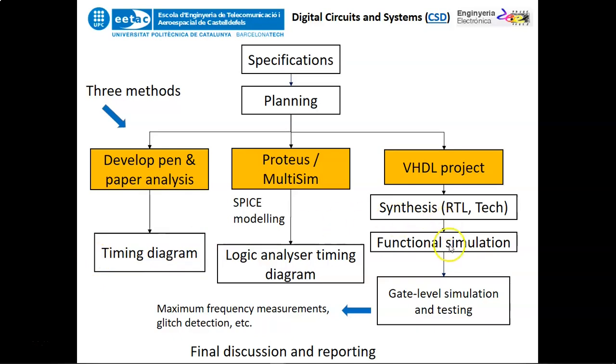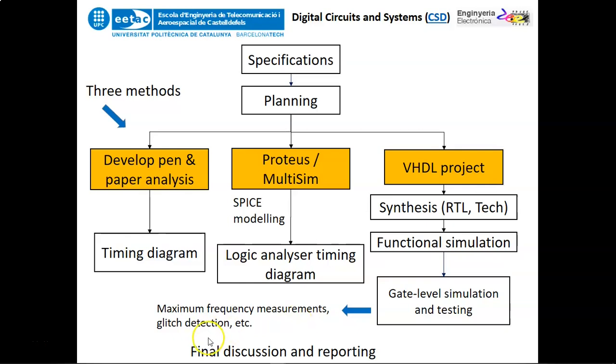And finally, the advantage of this VHDL method is that it's very, very precise. So you can continue from the functional simulation to the gate level. You can continue the testing at this gate level, so you can get specific features and drawbacks of this kind of connection, the asynchronous circuits.